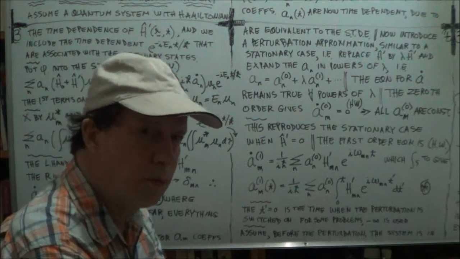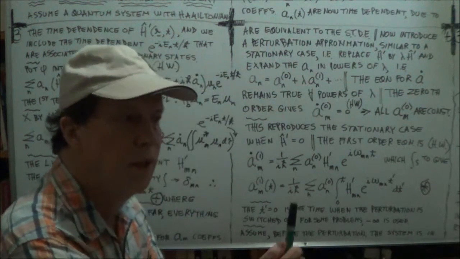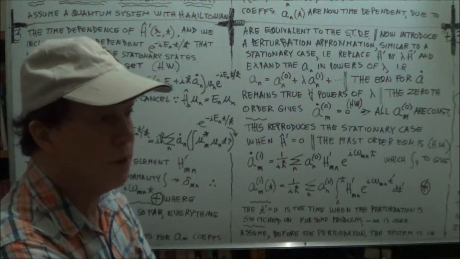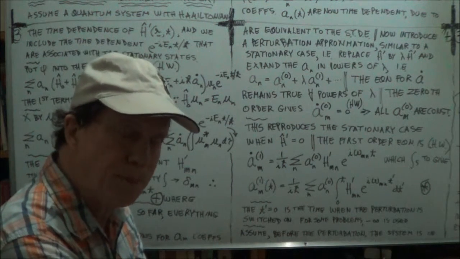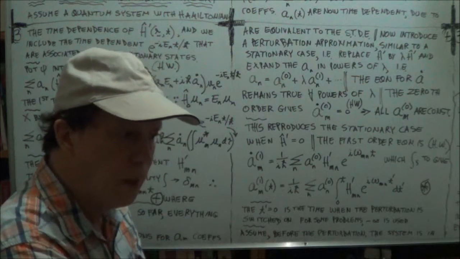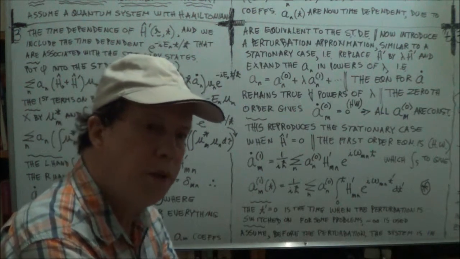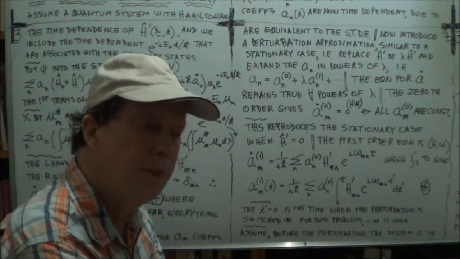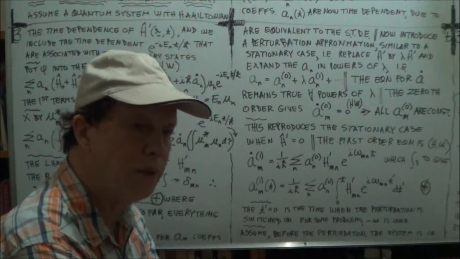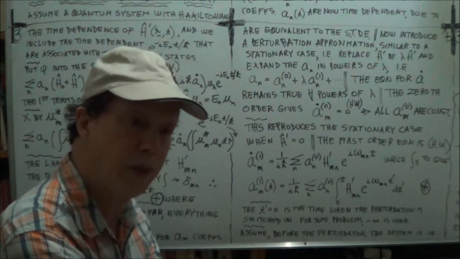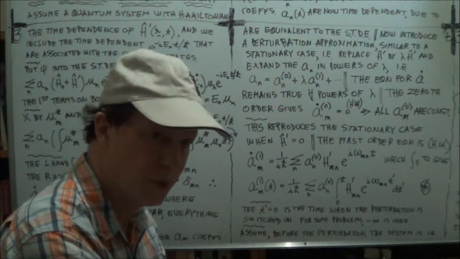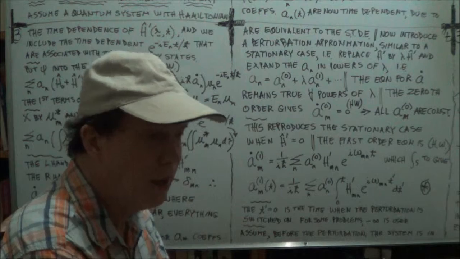And remember from the previous chapter on perturbation theory, you use a parameter lambda, so we'll do just the same thing here. We will expand the Hamiltonian in terms of powers of lambda, so H0 plus lambda H1 plus lambda squared H2, the first order, second order corrections and so on.